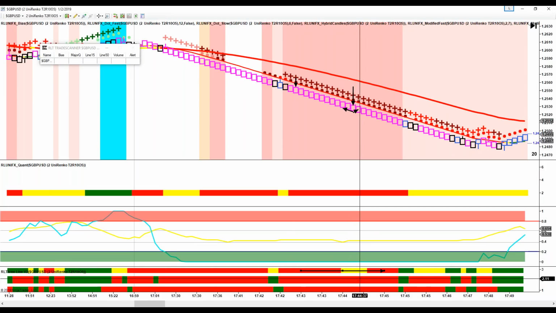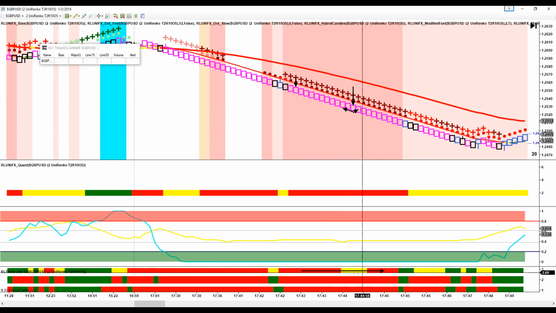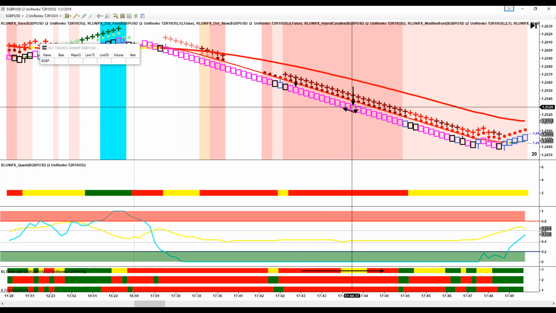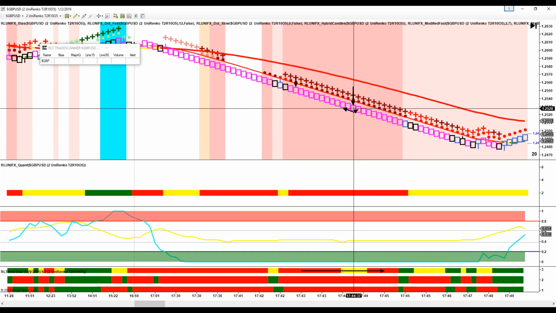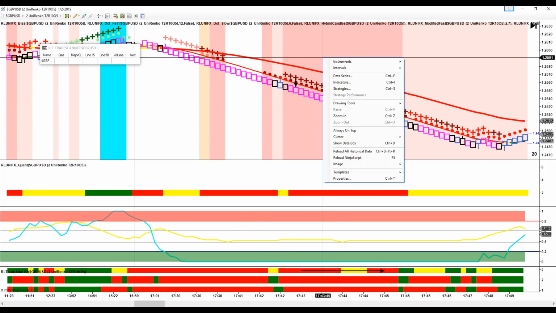Now, the momentum assessment is best assessed off the candles, because you will get some yellow areas here that still give you the candle halo. And I'm not going to discuss the reason why, because I don't want to get too complicated, but this is telling you the direction of order flow, stochastic, and momentum on a multi-time frame basis.